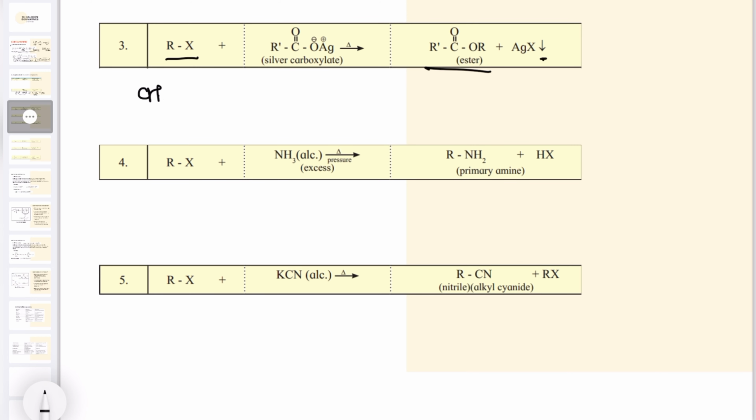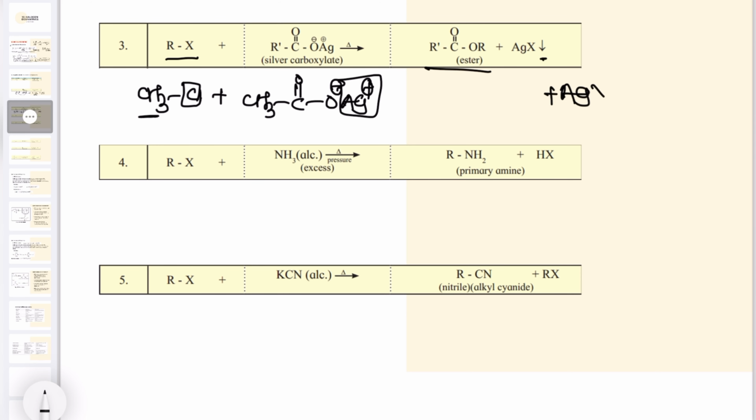If we take CH3Cl plus CH3COO minus Ag plus and heat, the Cl and Ag are given out as the side product AgCl, silver halide, and the product formed is CH3COOCH3.